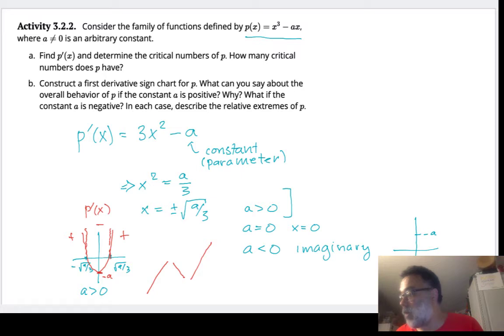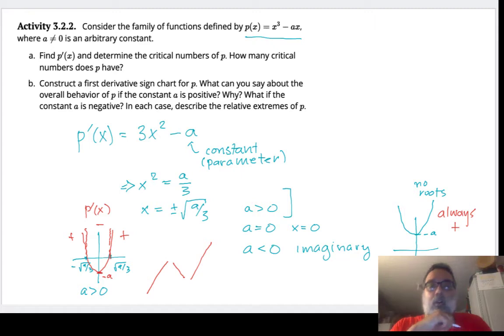And then it's going to open up from there. So no roots. Always positive.